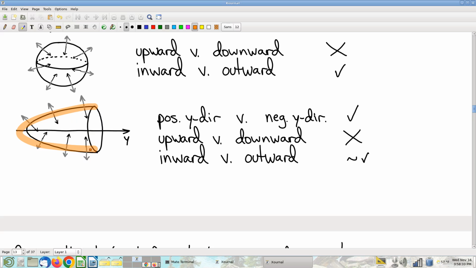But notice whether the vectors are pointing somewhat in the positive y direction or somewhat in the negative y direction. Again, not perfect, but it is 100% unambiguous. So that'd be the best way to do it for this surface. What do you think? Is everybody on board? Okay. All right. Alrighty.